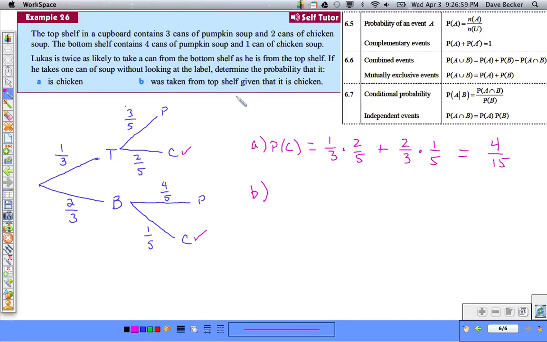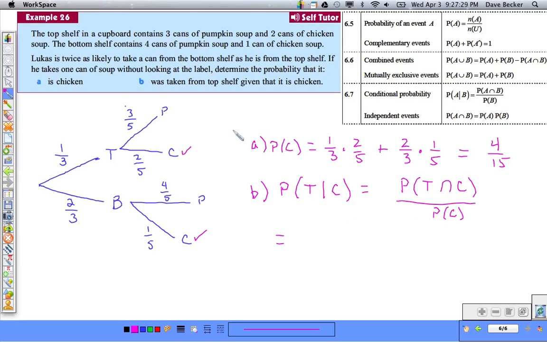B. Find the probability that it was taken from the top shelf given that it is chicken. So we're finding probability of T given C. And using our formula, that's going to be the probability of T intersect C over the probability of C. Okay, well, let's think about this intuitively.